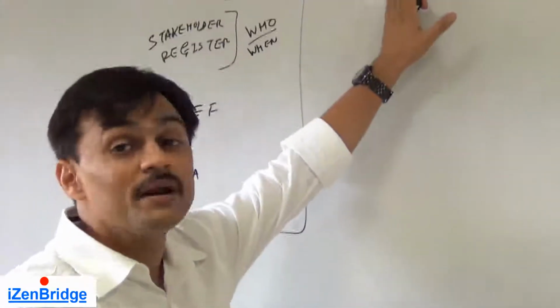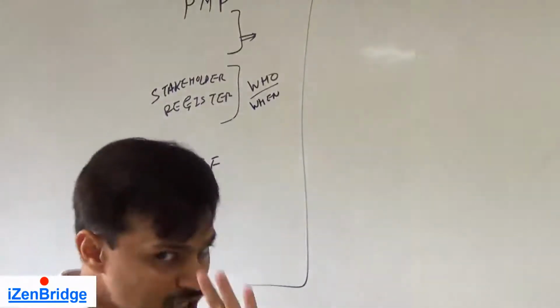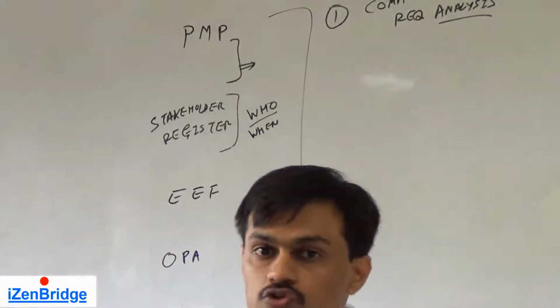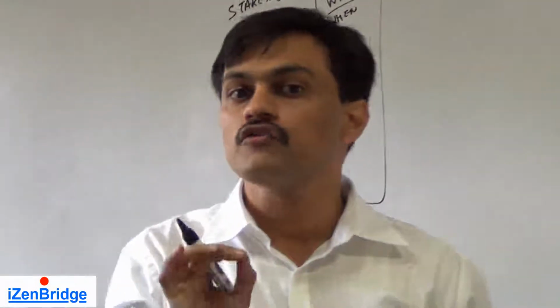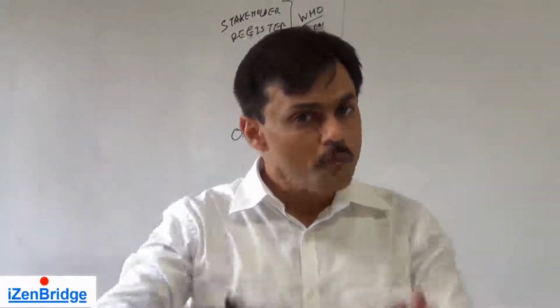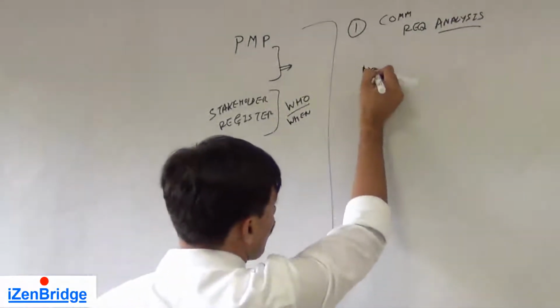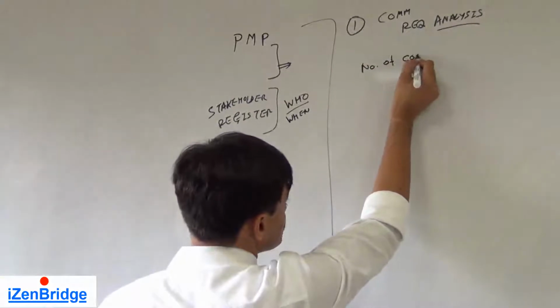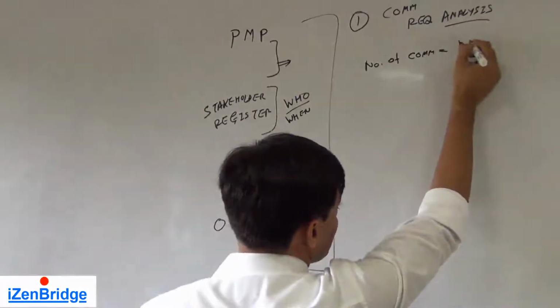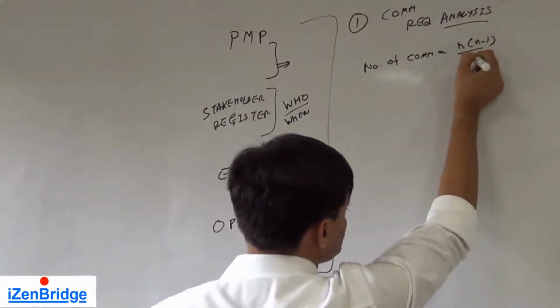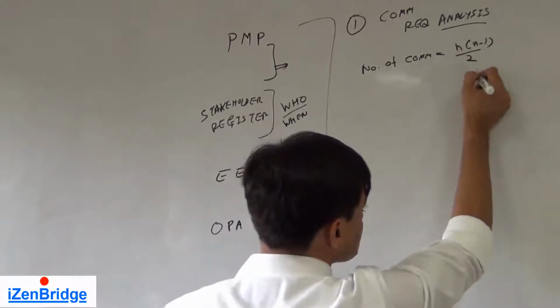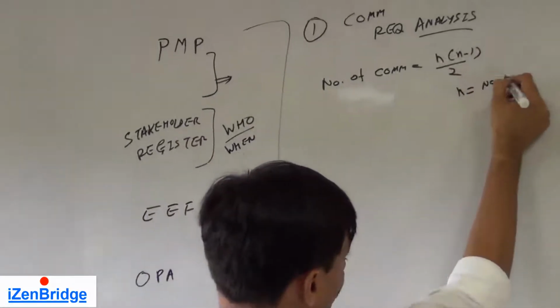That is the requirement analysis you do. While doing a requirement analysis, you also look at the number of communication channels. You might have seen a formula where the number of communication channels is n(n-1)/2, where n represents the number of people involved.